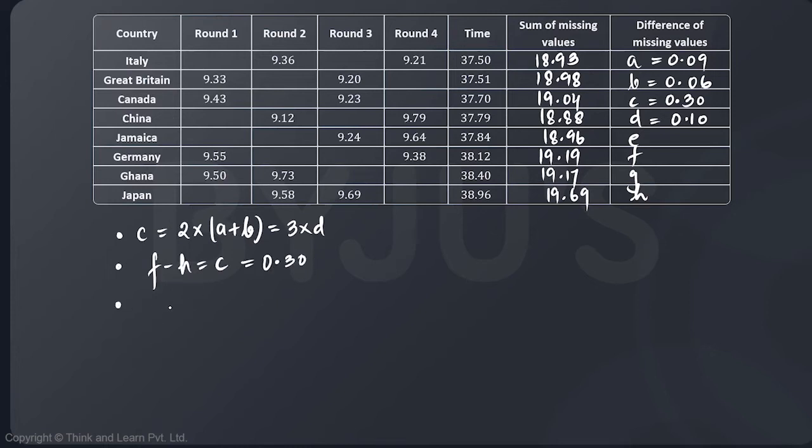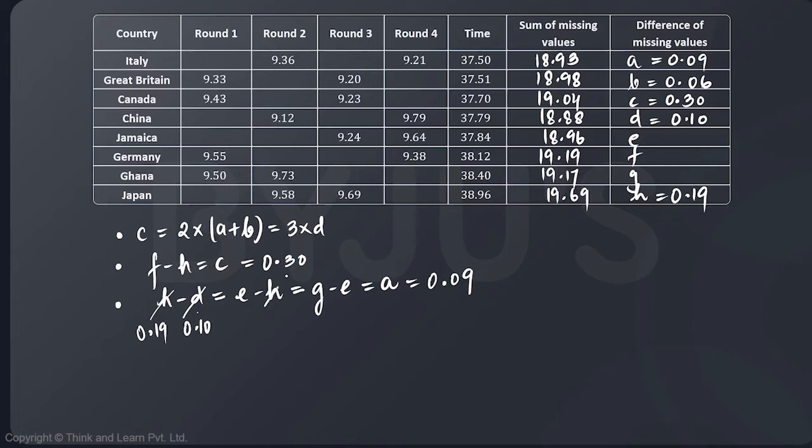The fourth statement gave us H minus D is equal to E minus H. This is equal to G minus E. That was equal to A. And A is nothing but 0.09. Now, out of these, we do know the value of D. D is 0.10. That will give us the value of H as 0.19. So H turns out to be 0.19. Now, if H turns out to be 0.19, that will result in the value of E as 0.28.